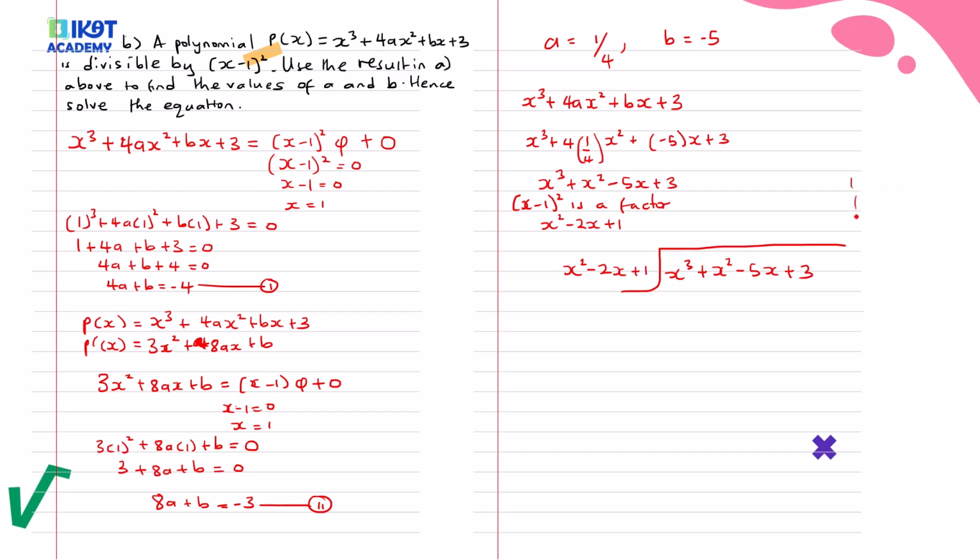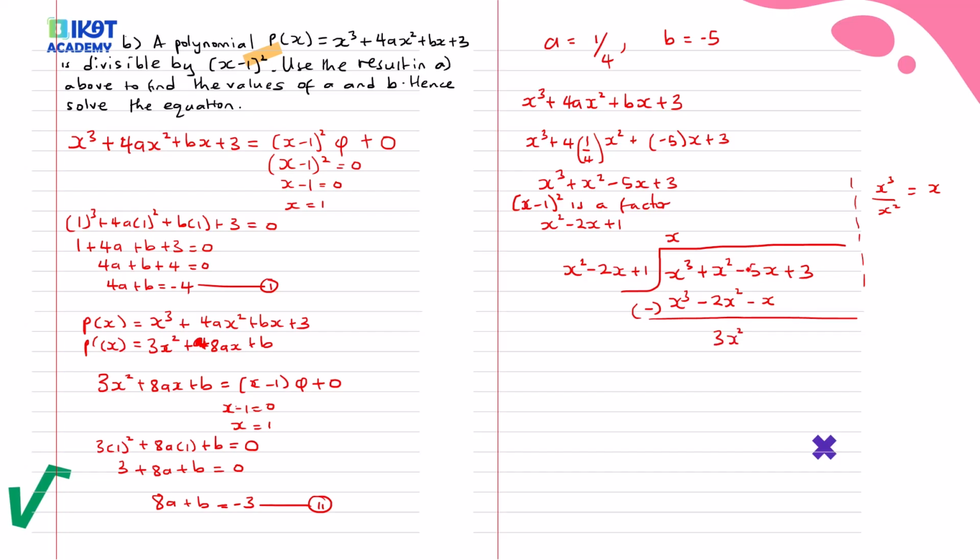So remember what we said. We start with x cubed. x cubed divided by x squared is x. So here we put x. I'm multiplying this by everything here: x cubed minus 2x squared plus x. We subtract, so this goes, then we have x squared minus minus, so this becomes 3x squared.